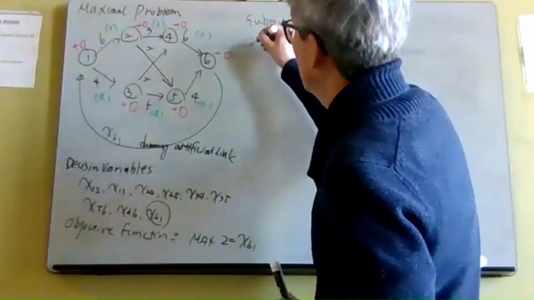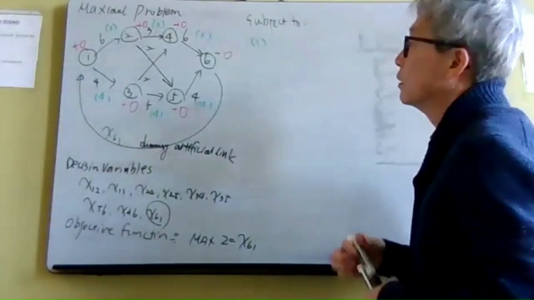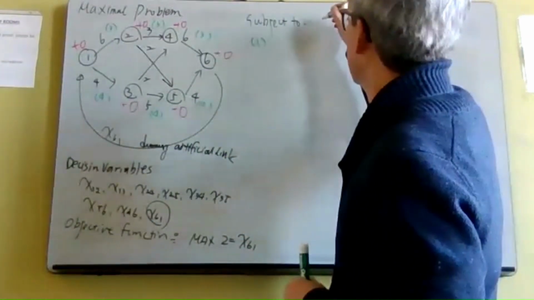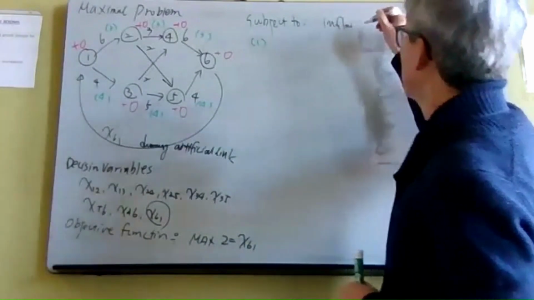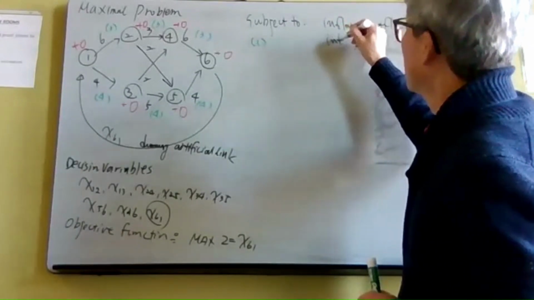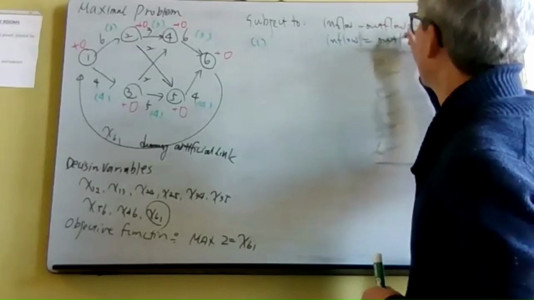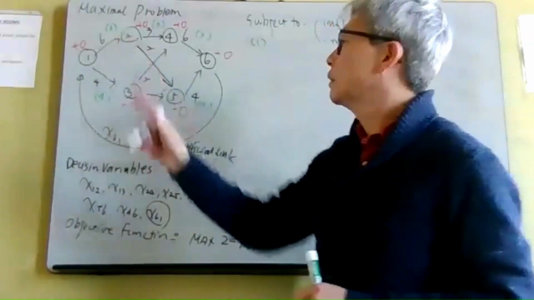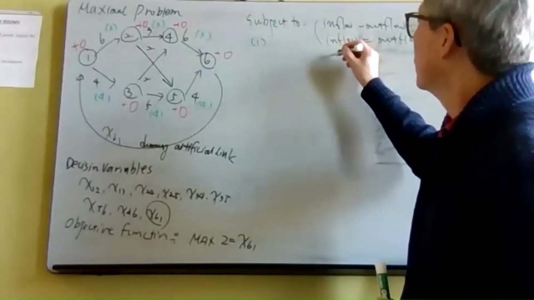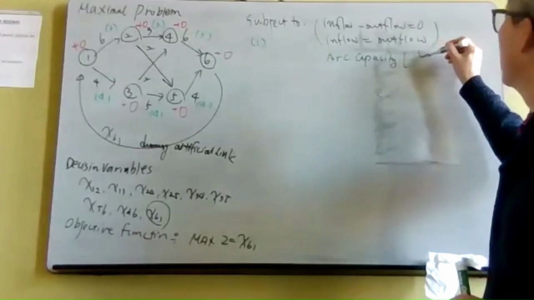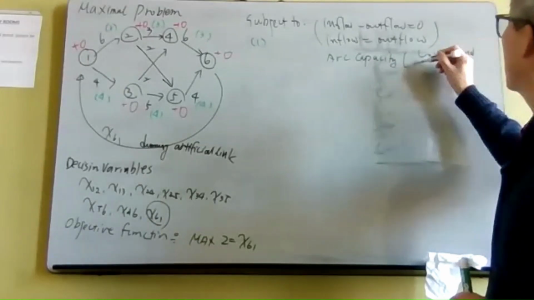So let's figure out the constraint for node 1. Inflow should be equal to outflow. And then we have the capacity of the arc, with lower bound and upper bound.